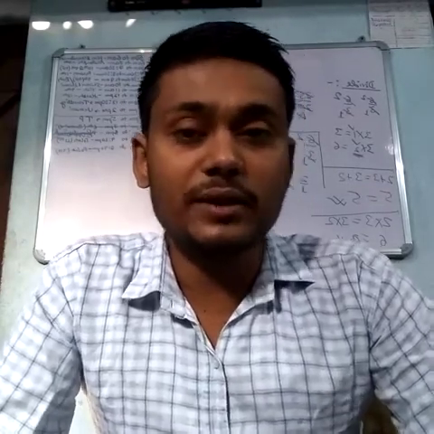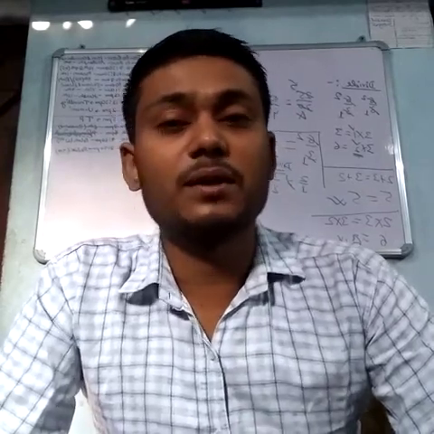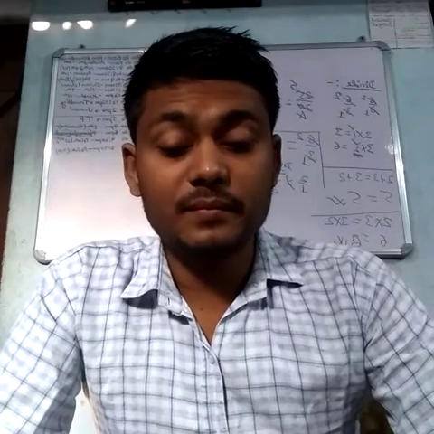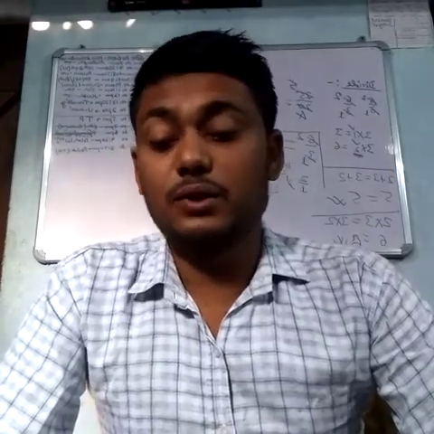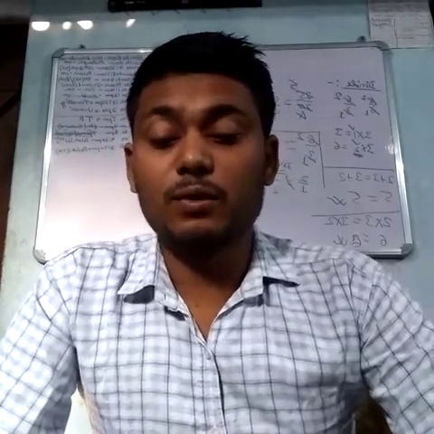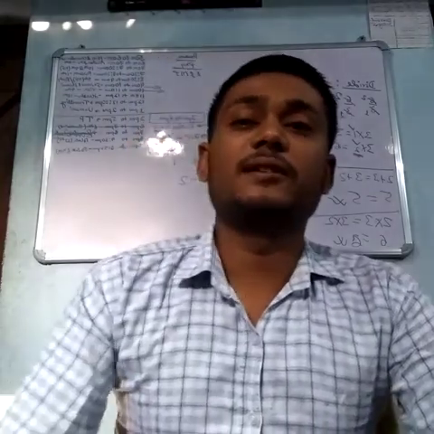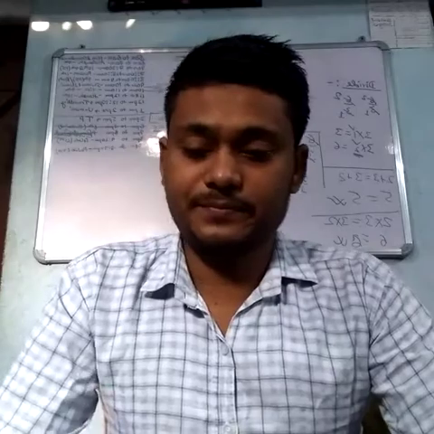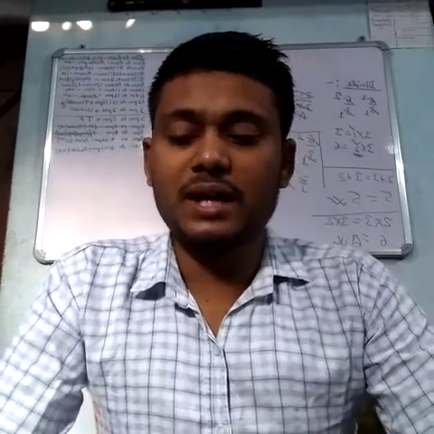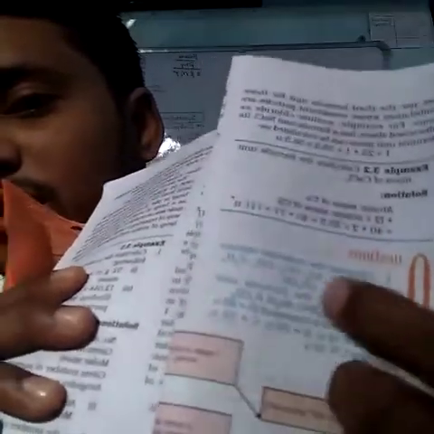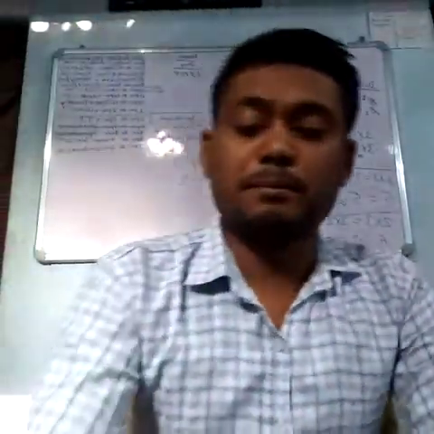Then 2 into 35.5, which equals 40 plus 71, which is 111 U, the formula unit mass of CaCl2. Now you have some questions; you need to solve these questions to calculate the molecular mass of the given compounds.